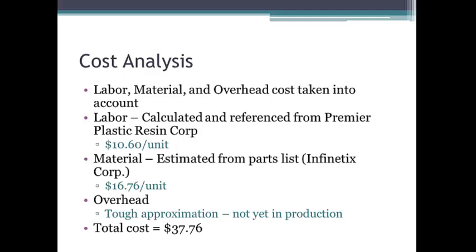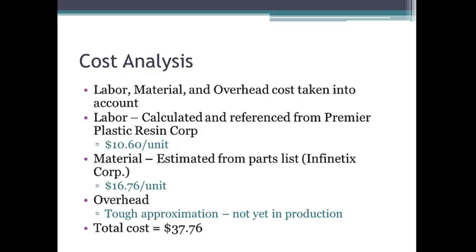Total parts for the printed circuit board derived from Infinetics Corporation, who first made the initial PCB prototype, comes out to $10.49 per unit, while the outer shell, probe, excess epoxies, tools, machines, etc. are all estimated at $6.27 per unit. This is a rough estimation.